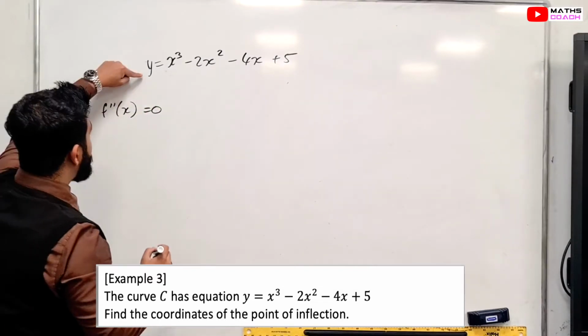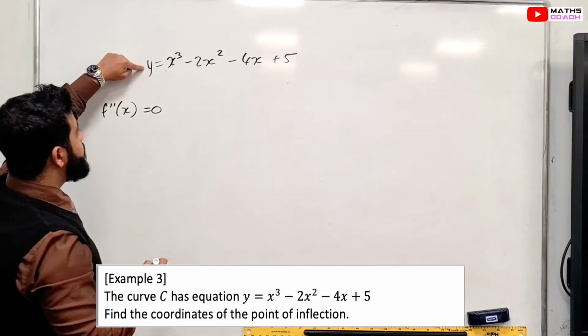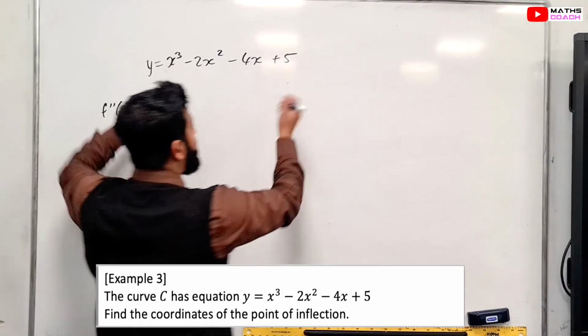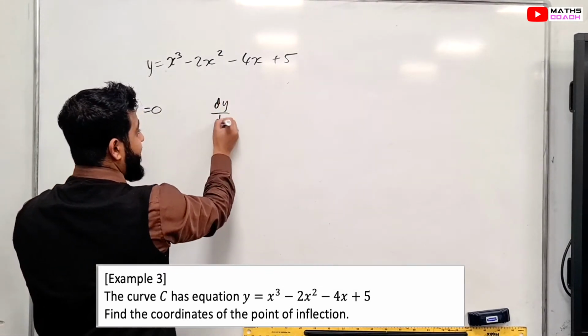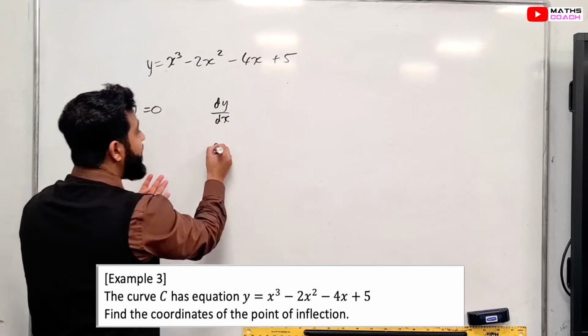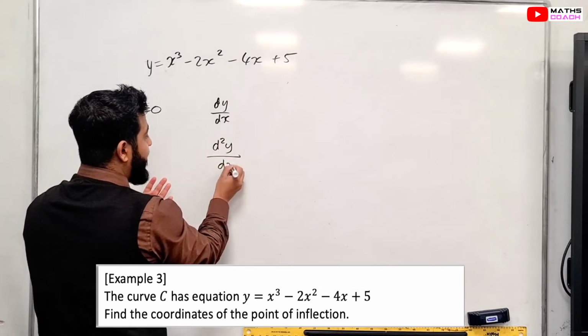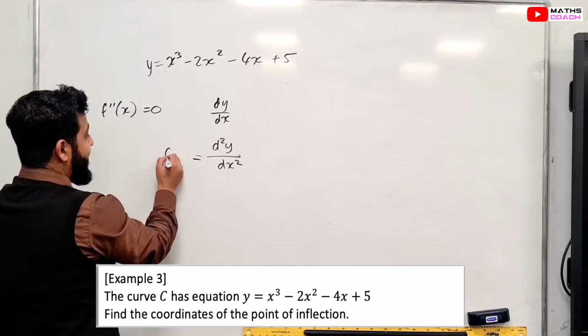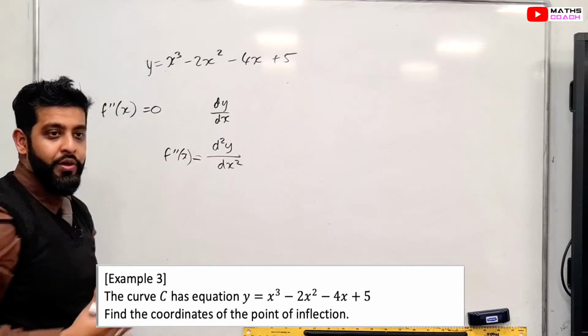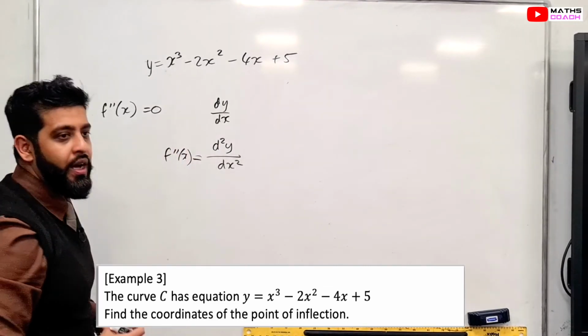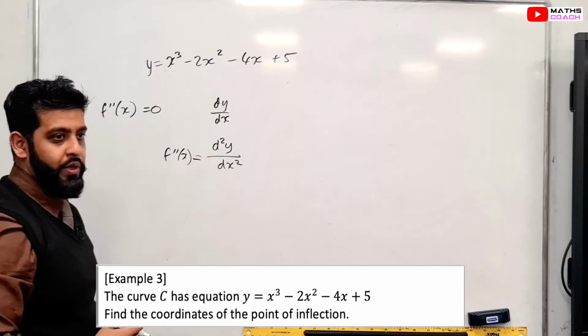All right, so let's go find the second derivative. Now here we're using y. So when we find the first derivative, it's going to be dy over dx. And the second derivative will be d squared y over dx squared, which is exactly the same thing as f double dash x, as we know. Yeah? Okay, so if anyone's confused about that, then that's what it is.